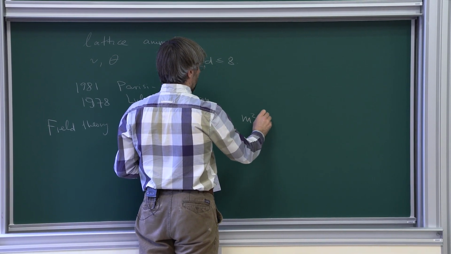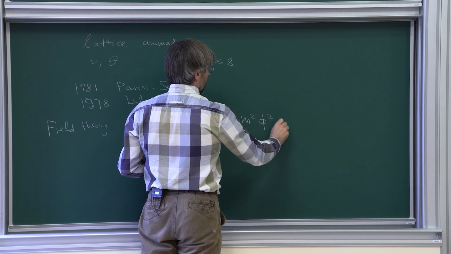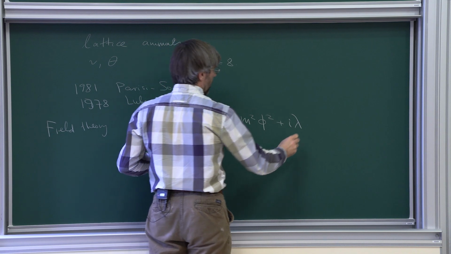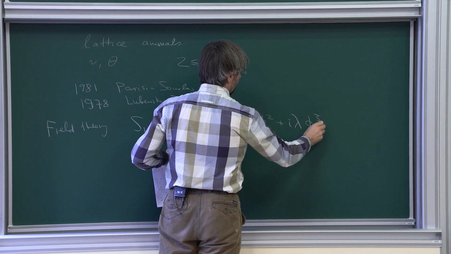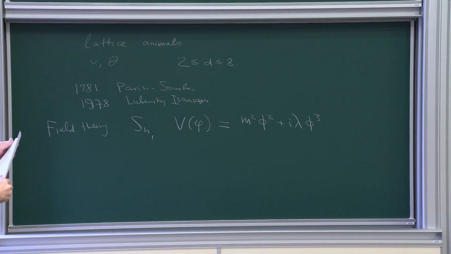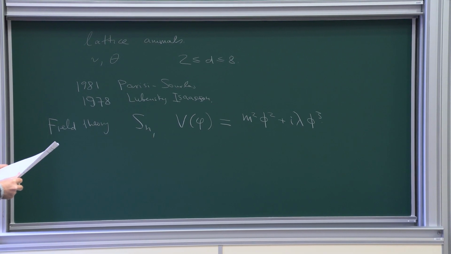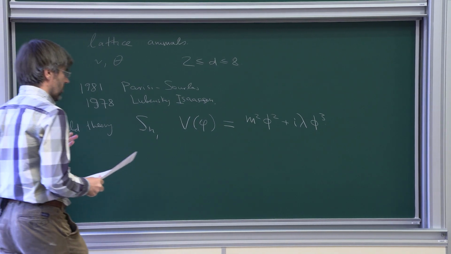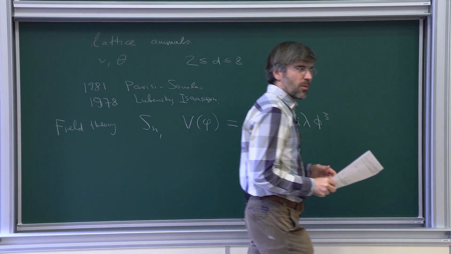So m squared phi squared plus, with an imaginary coupling, i lambda phi cubed. So this goes through some lattice mumbo jumbo.